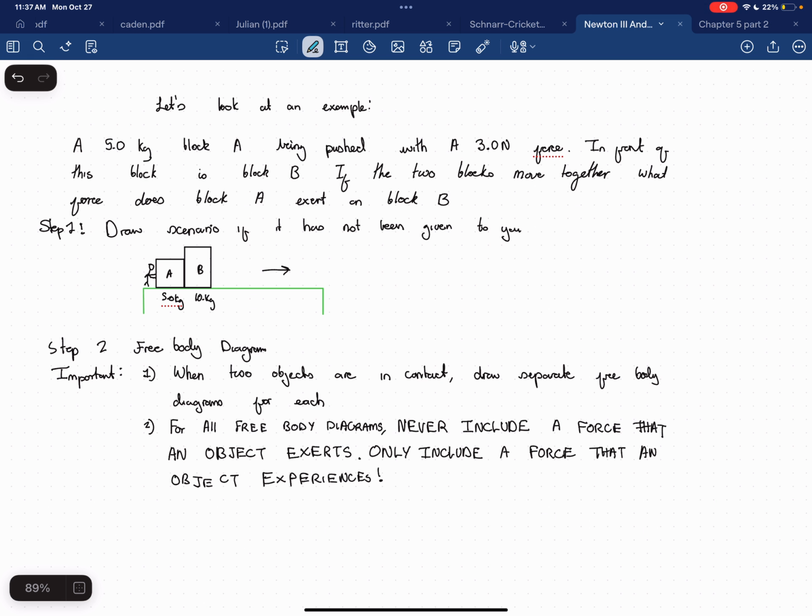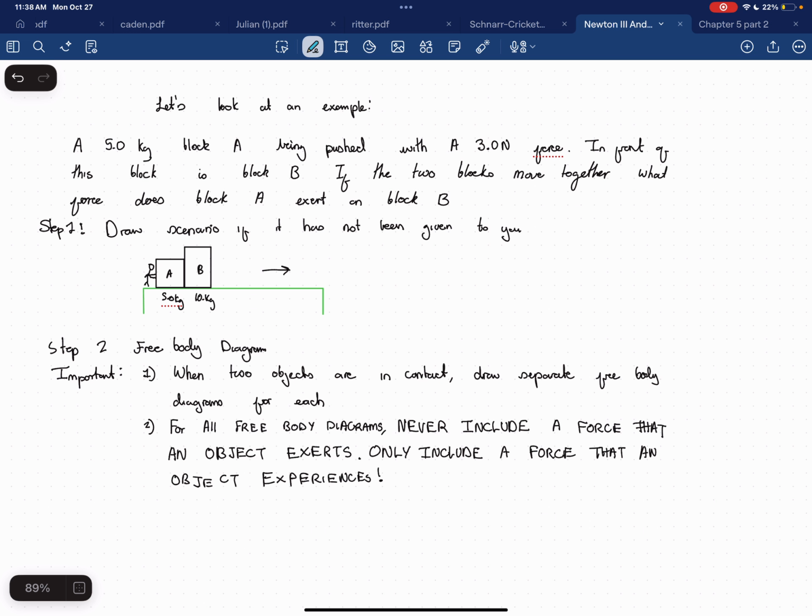So I'm kind of going to redo our steps to solve problems in Newton 2. If we're not given the drawing, we have to try to draw it ourselves. Here I've got a 5 kg block and a 10 kg block, and I know they're in contact, so this is how I would draw them.